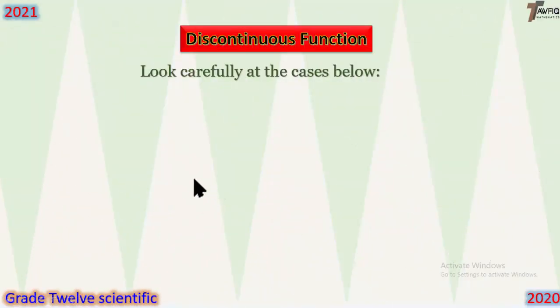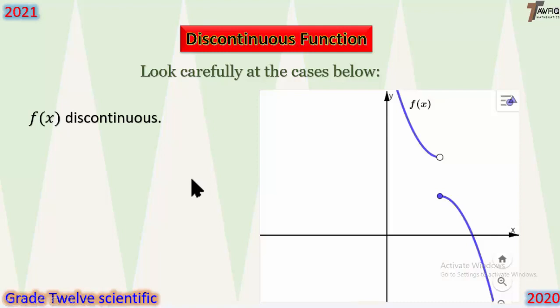In the second case, as you can see here, we have a jump. When we draw the function from here to here like this, then we jump here and continue here.